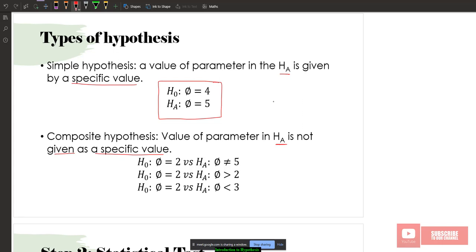For example, the null hypothesis is phi equal to 2, the alternative hypothesis is phi not equal to 5, so it can be many numbers. Same goes for phi more than 2 or less than 3, so it can be either the null hypothesis or the alternate hypothesis.